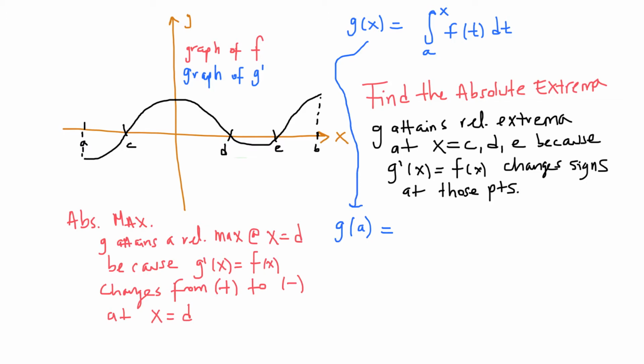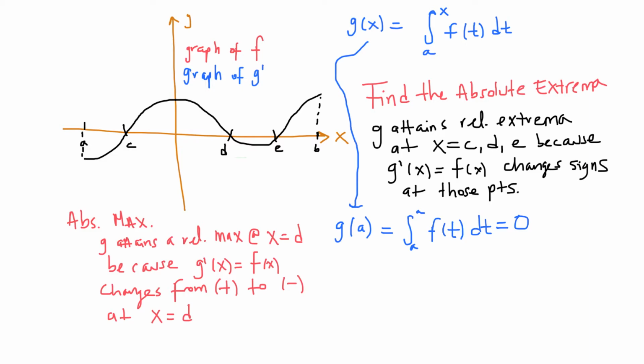So when we say g of A, that means let x be A. And so when I rewrite the other side, my x, which was my upper limit, now becomes A, because x is A. Okay? So it'll be the integral from A to A of f of t dt. And you've seen this before. The integral from A to A would be 0, because there's no space given to accumulate any area.